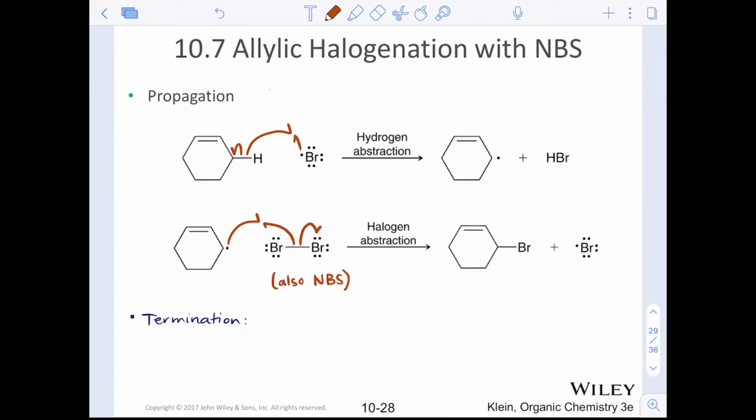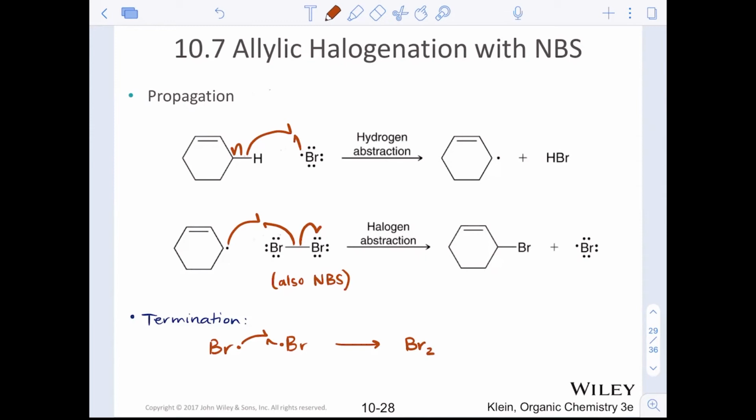Now the termination step is how I'm going to prove that we do have some Br2 in the solution. Remember, a termination step needs to be shown just to say that we've ended this reaction. However, it can be involving any two radicals that we want. Just to show you that we do have some bromine diatomic in the solution, I'm going to show you that there is a possibility of a termination step involving two bromine radicals to become Br2.